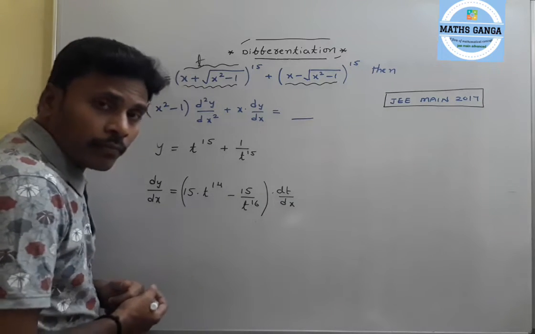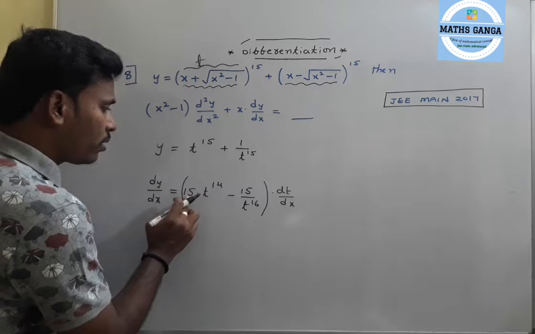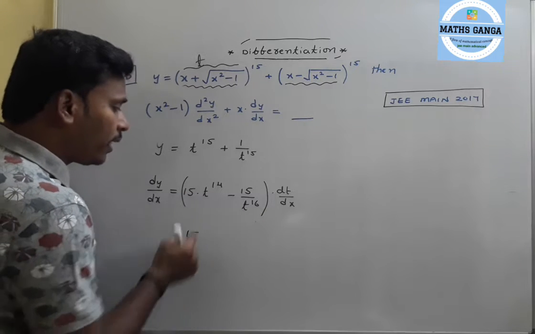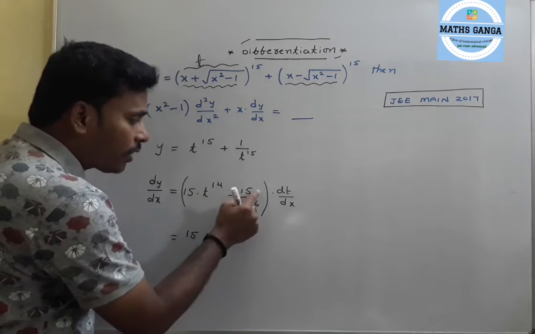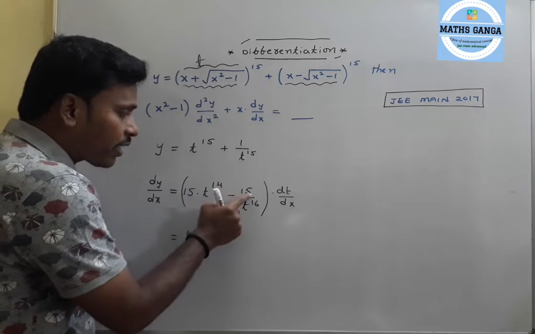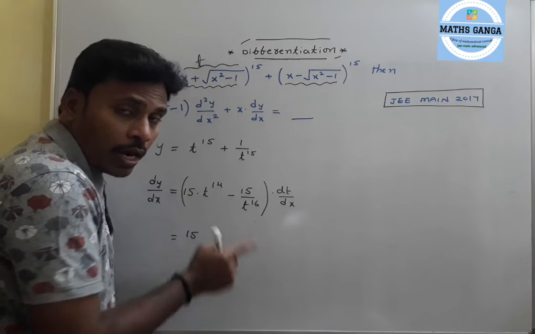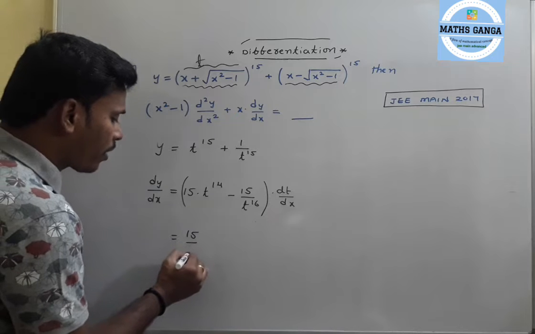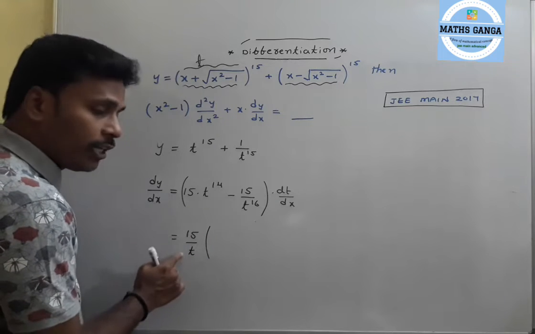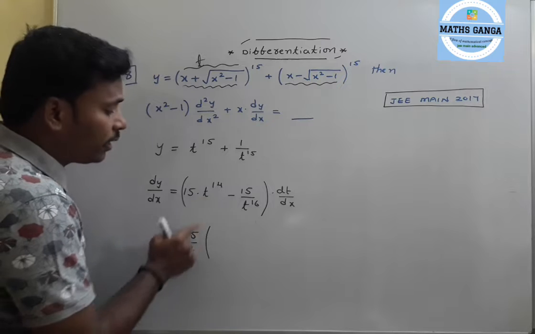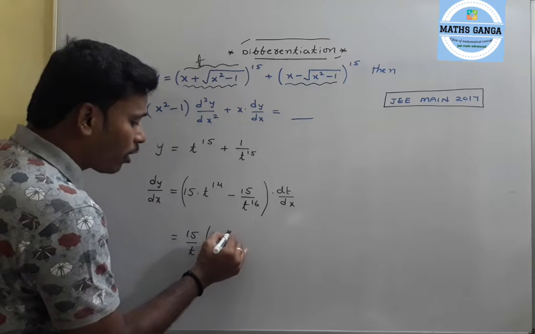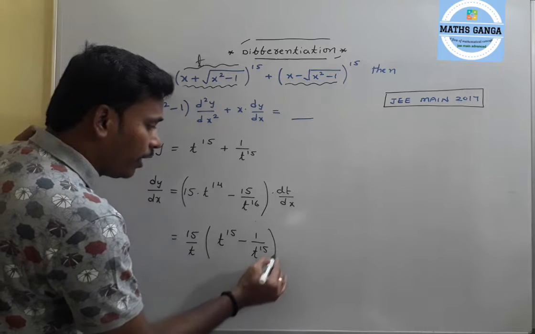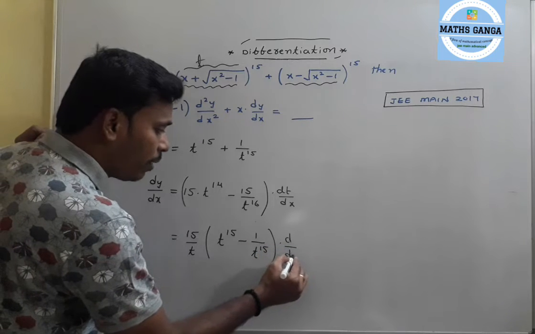Is it clear? Now I am going to collect 15 from these two terms, and also 1 by t in the denominator. So I write 15 by t into t power 15 minus 1 by t power 15, into the derivative d by dx of t.